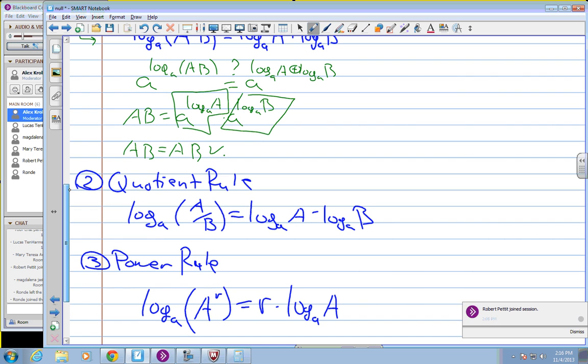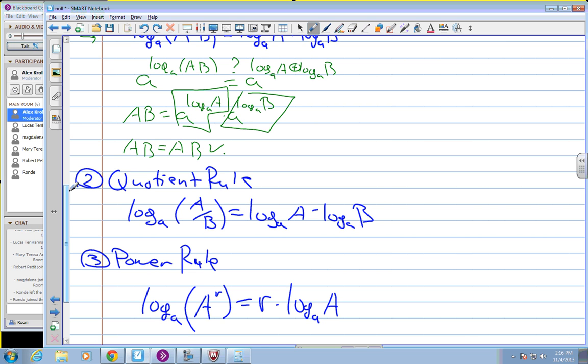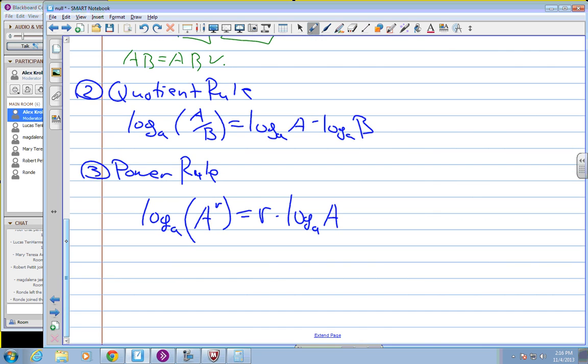And again, it's very similar to our power rule for the exponents. When you raise a power to a power, you multiply exponents. And again, I can prove this really quickly using that same trick I did on the first one.